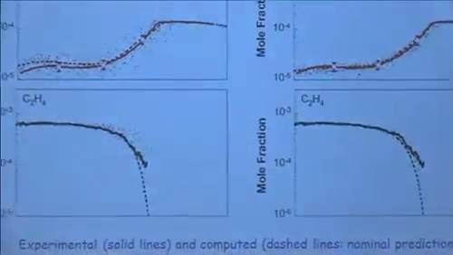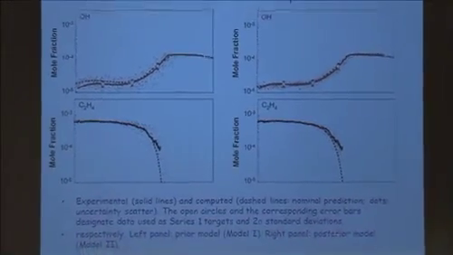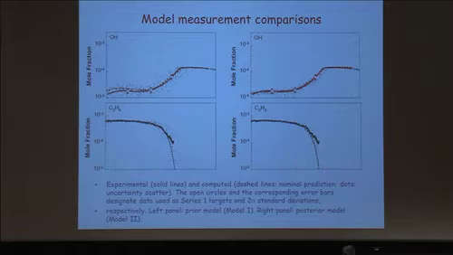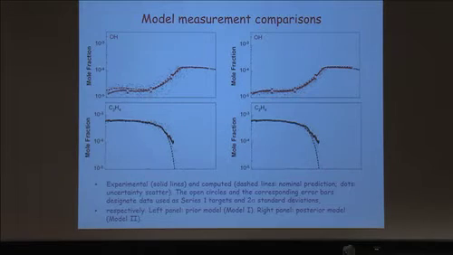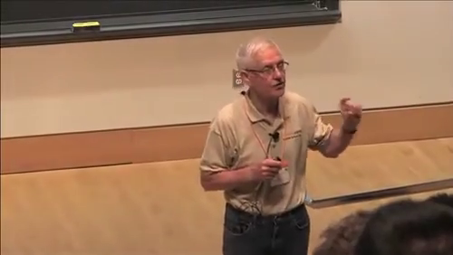And then what he showed, so this is for OH and for ethylene. And the right panel is what he calls a posterior model, where what he's done is he's tuned some of these sensitive rate coefficients, or he's been able to reduce the uncertainty in these rate coefficients by comparing with these accurate shock tube data.